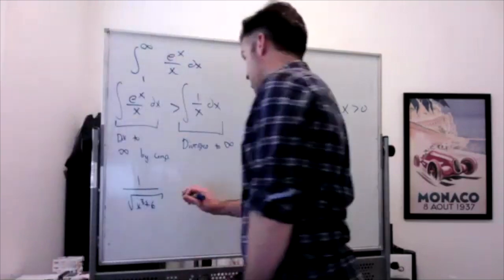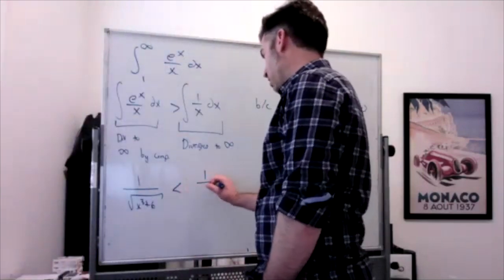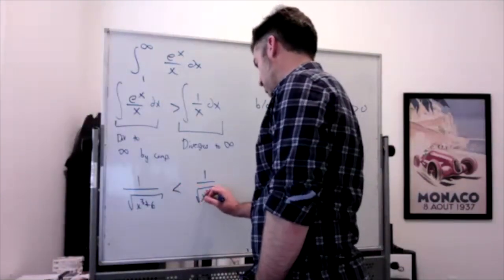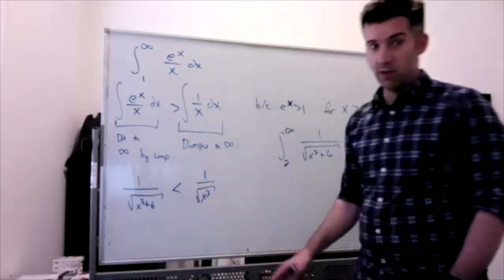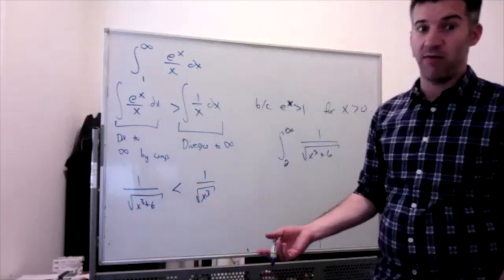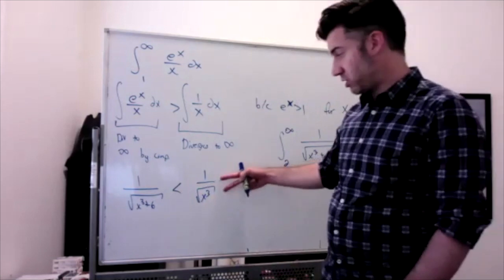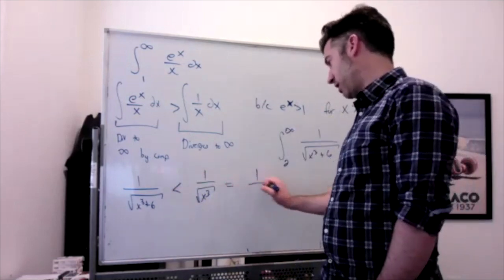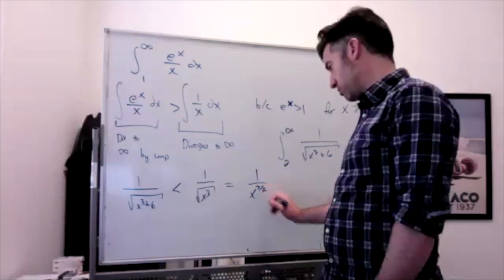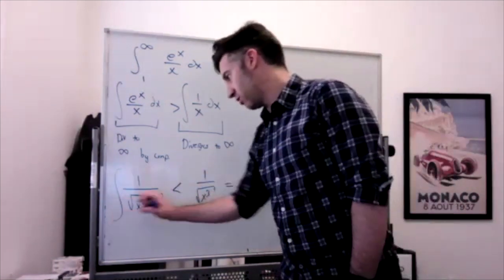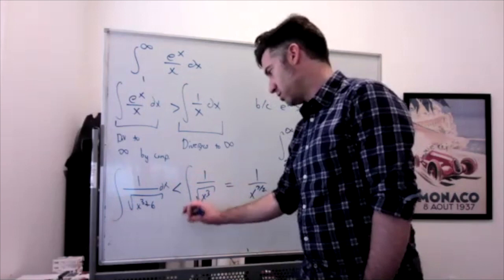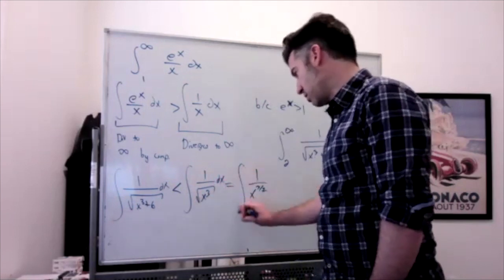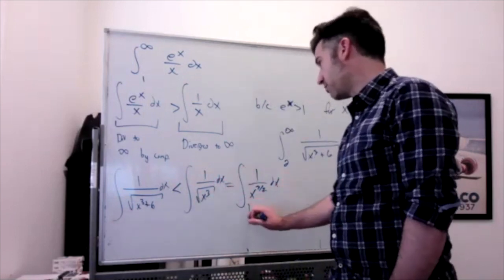This denominator is definitely bigger than the square root of x cubed, so my fraction got smaller. So this fraction is smaller than that fraction, which is equal to 1 over x to the 3 halves.